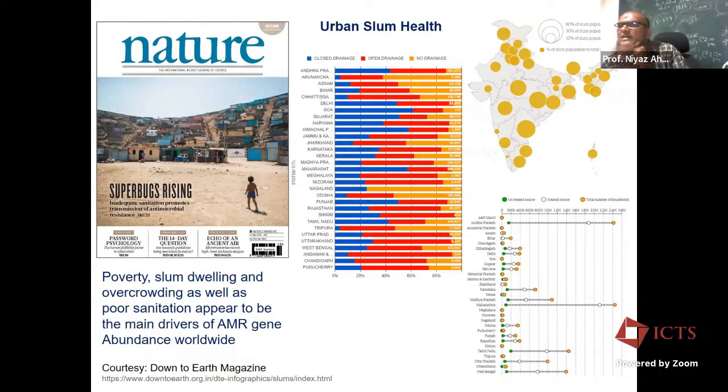These are some of the indicators that have a direct bearing in shaping the resistome, I mean, the repertoire of the resistance encoding genes. So how much is the slum dwelling population, whether there are closed drainage, open drainage or no drainage systems, and like that. Some of this data is from the census department, inspired by the 2011 census.